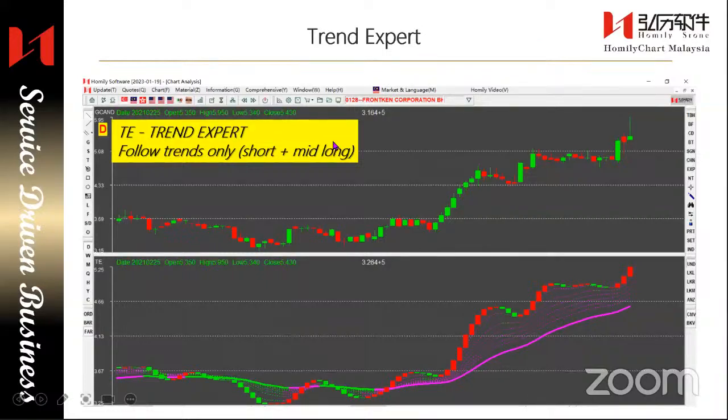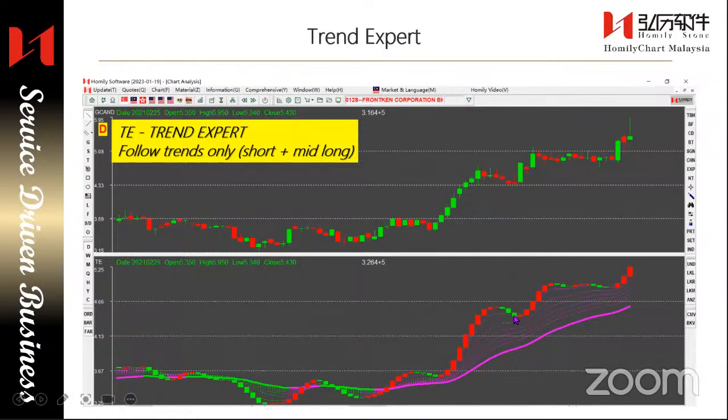So if you open a stock, open your chart, you see when today price is up, then the column turns red. Why like that? Of course, because the indicator is designed to follow trends. So if the indicator views the short-term trend as up, then it gives you red color.